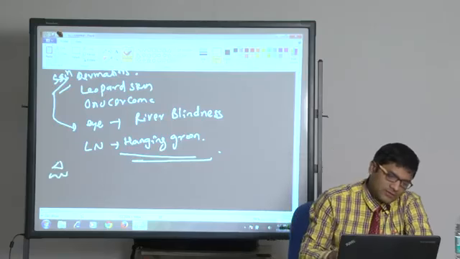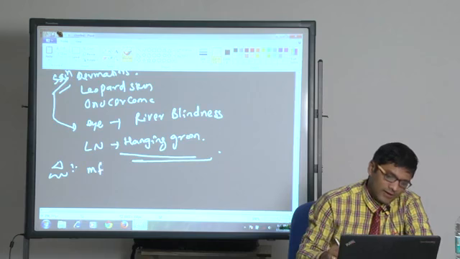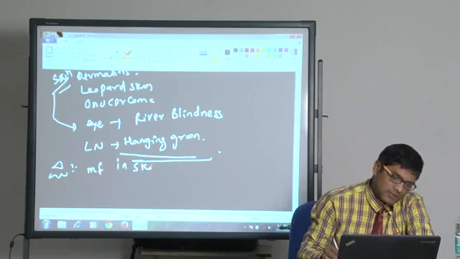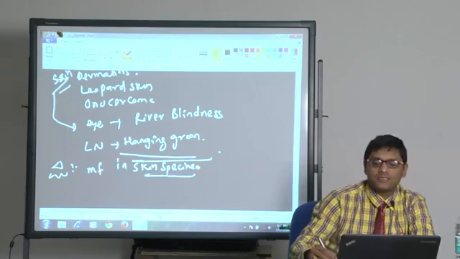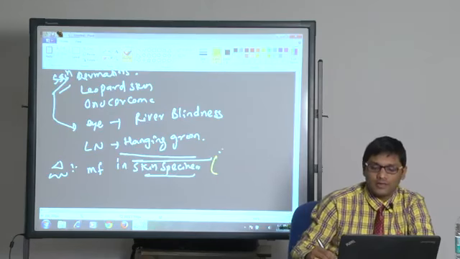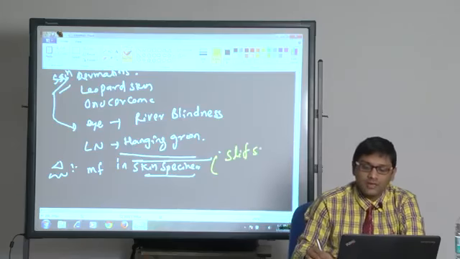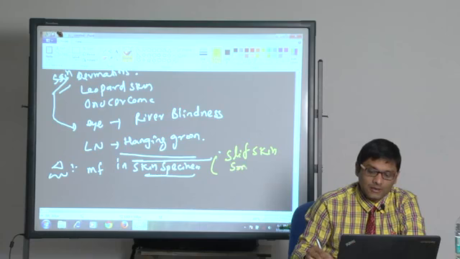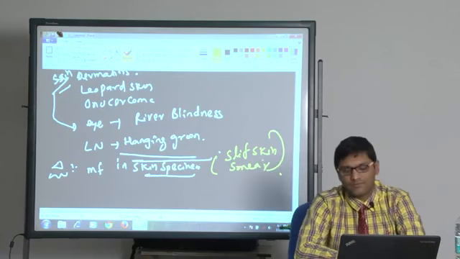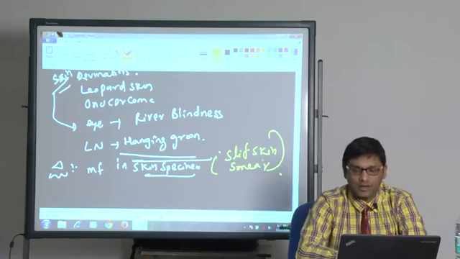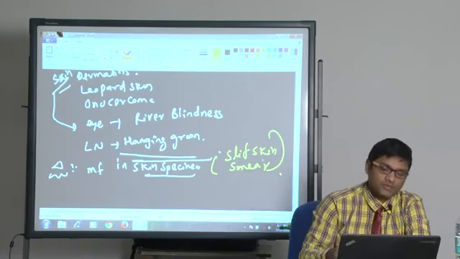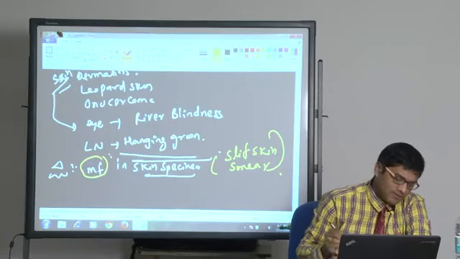Okay, diagnosis is of course detection of microfilaria in skin specimen, and here remember the skin specimens are collected by a method that we follow for leprosy, that is slit skin smear. Slit skin smear is the method to collect the skin specimen that we follow in leprosy, and microfilaria can be seen.